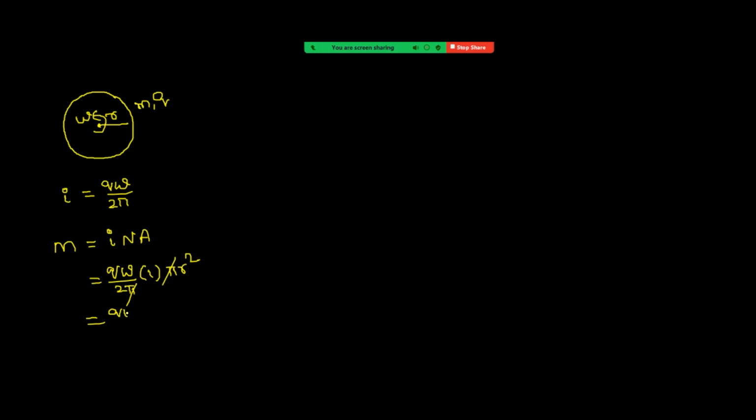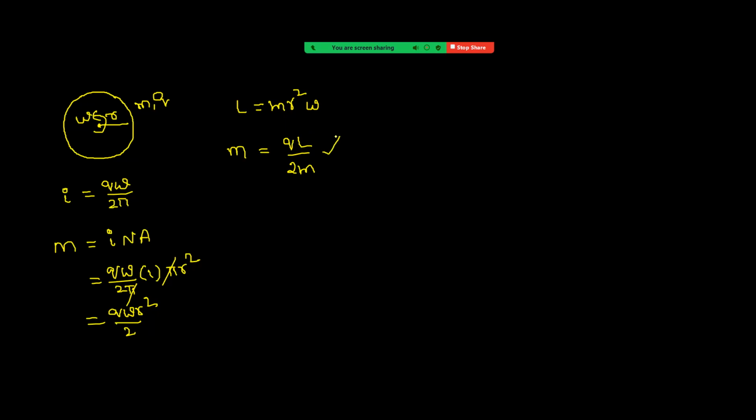Pi gets cancelled. Q omega r square by 2. Next, angular momentum. For a particle about this axis, I value is m r square, and omega only. Now, coming to m, in the place of omega r square, I am writing L by m. It is now qL by 2m. Again, same result.